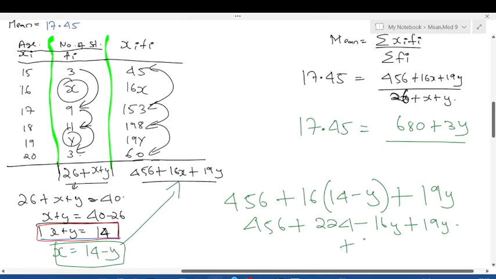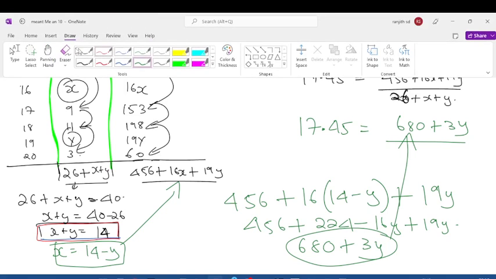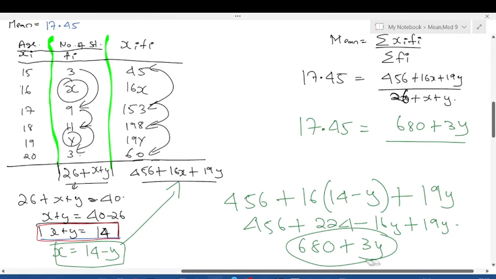Not minus. What is 456 plus 224? Add 456. Are we getting the same value? So you tell me which one you'll feel is easy, this one or the previous? This one is easy. So erase that and complete this.